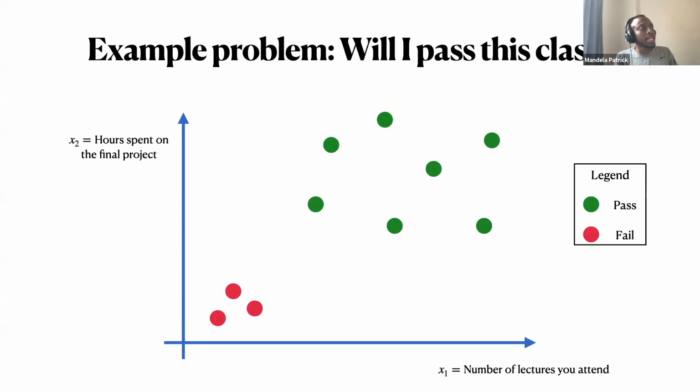We could represent this on a 2D axis where the position gives you X1, the number of lectures you attend, and X2, the hours spent on the final project. And the color of the dots tells you whether you pass or fail the class.